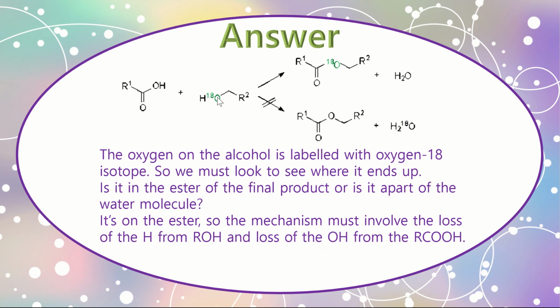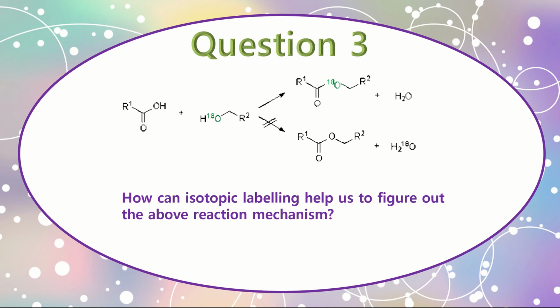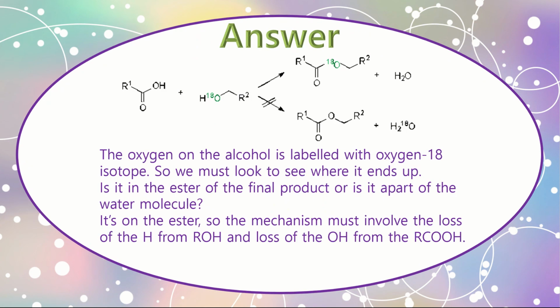And it must also show the formation of the new bond between this oxygen and this carbon. So going back to the question, it says, how can isotopic labeling help us figure out the above mechanism? Well, it gives us some insight into which bond broke and which bond formed.